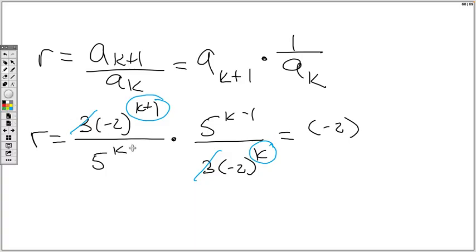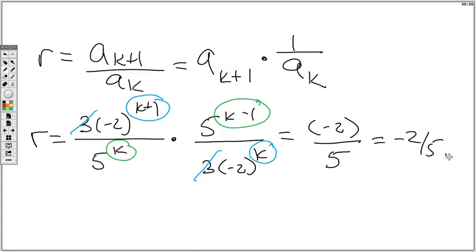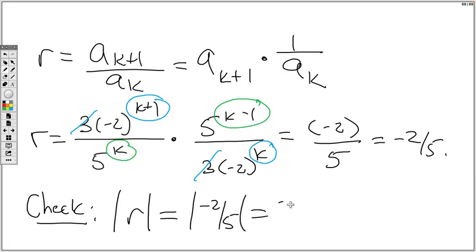Let's look at the 5's. I've got k factors of 5 in the denominator. I've got k minus 1 factors of 5 in the numerator. That's going to leave me with how many factors of 5 where? We all cool with that? So this proves we have a geometric series because when we take the ratio of the terms, we get a number. Okay. So now we check. We take the absolute value of that ratio, 2/5, and we need to check, is this less than 1?